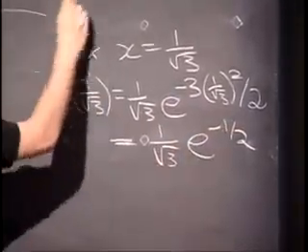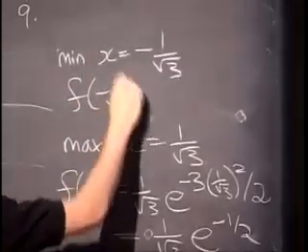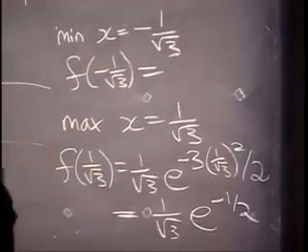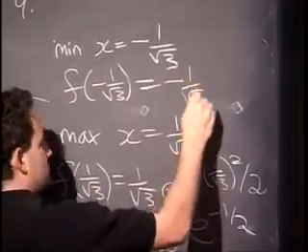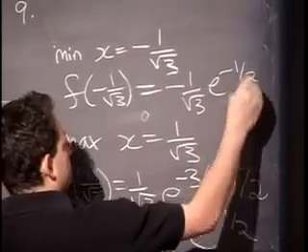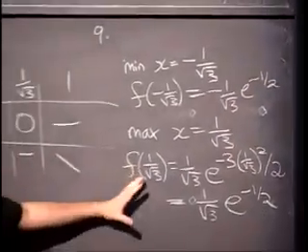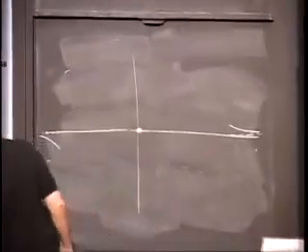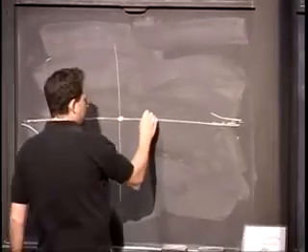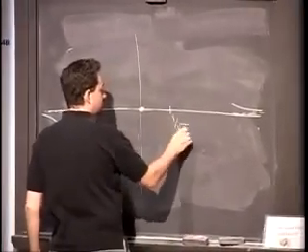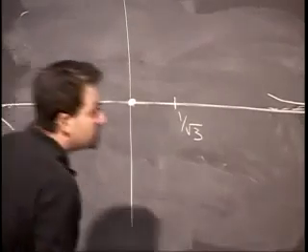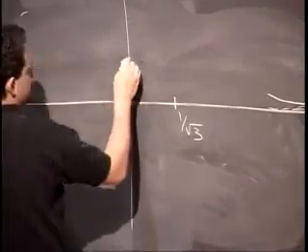How about f of minus 1 over root 3? Do not bother substituting. Just take this one and whack a minus sign in front of it. After all, the function is odd. Okay, having found those values, the x-coordinate and the y-coordinate, let me come over to the graph and mark this in. So, 1 over root 3, the height is, what is it? 1 over root 3 e to the minus 1/2.